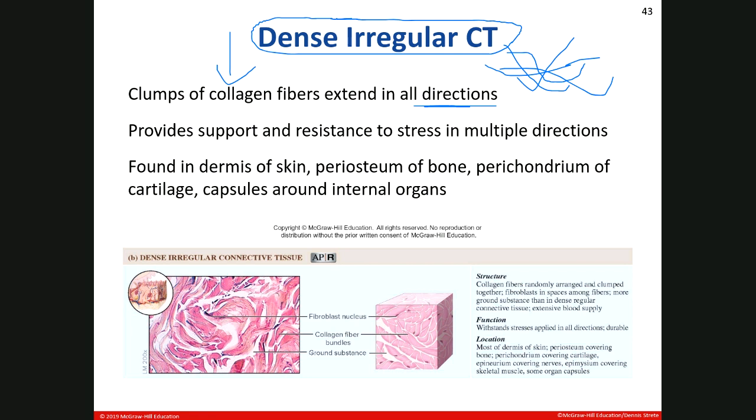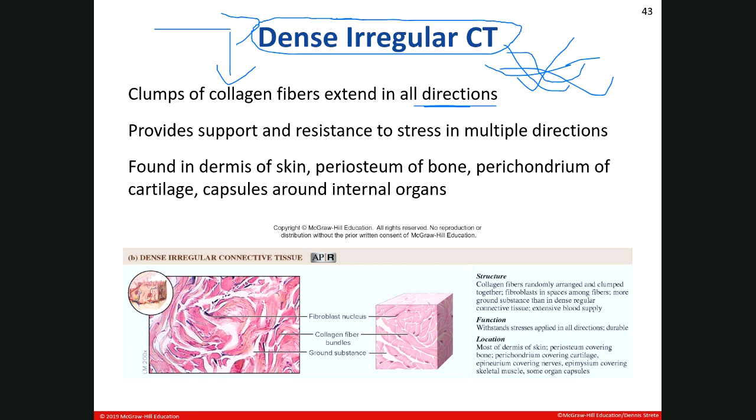Remember? Areolar. That's right. Areolar is the number one or the most abundant type of connective tissue in the papillary layer. So in our reticular layer, it's going to be dense irregular connective tissue.